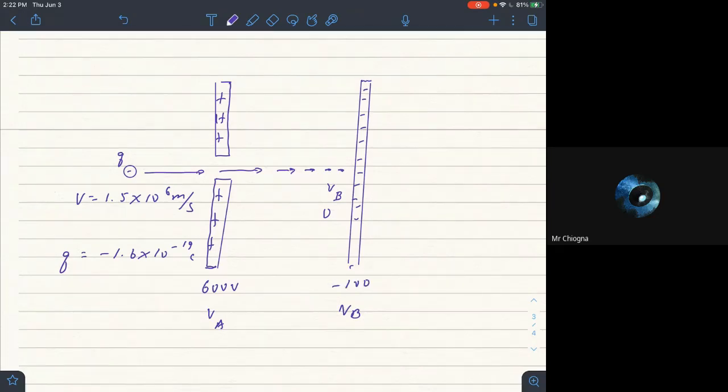Well, I gave you too much information. Erase that. Can you figure out the potential difference? Set it up. You don't have to calculate it.